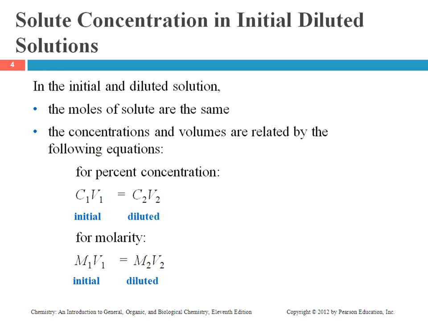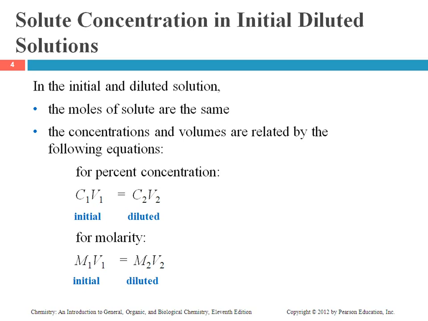So there's a calculation for diluting. We can use our concentrations and volumes to solve for the volume or concentration of a solution once we have diluted it. You see this represented as C1, C standing for concentration.